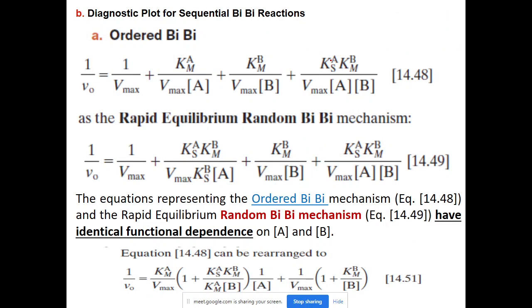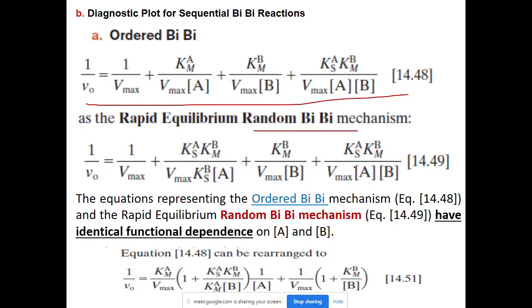Now, how do we do a diagnostic for the sequential reaction? Remember, sequential will include two things. One is the ordered, another one is random, right? So this will be for ordered. This again will give you y equals mx plus c, and this is for the rapid, that is the random.